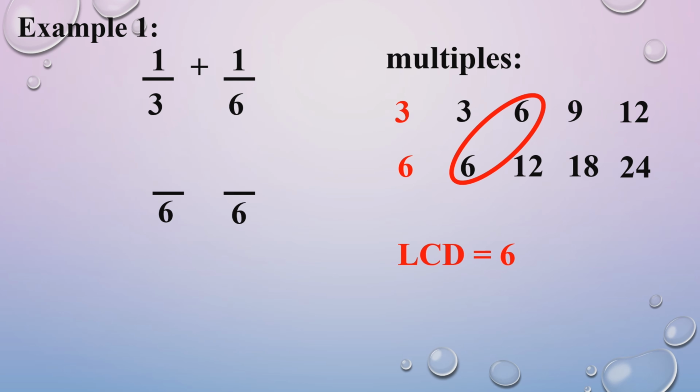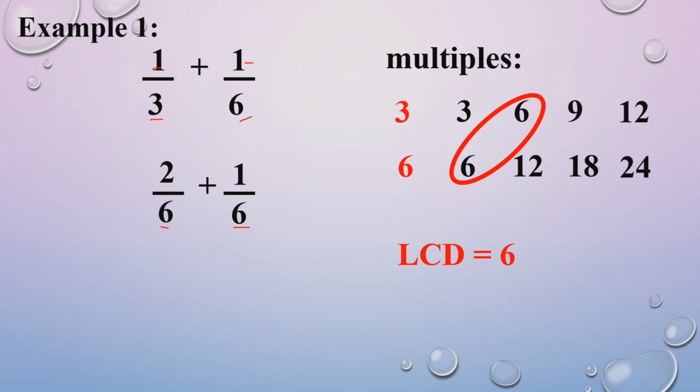And let's get the equivalent fraction. 6 divided by 3, so that is 2. And 2 times 1, so the numerator is 2. And then plus, again 6 divided by 6 is 1 times 1, the numerator is 1. So they are now similar fractions.